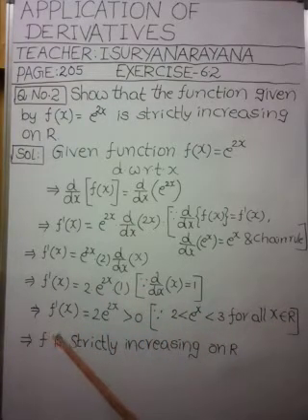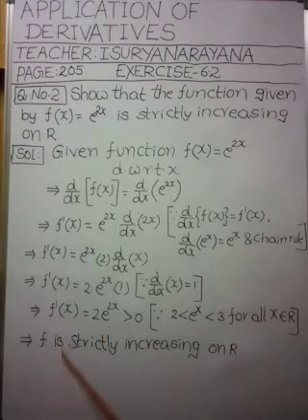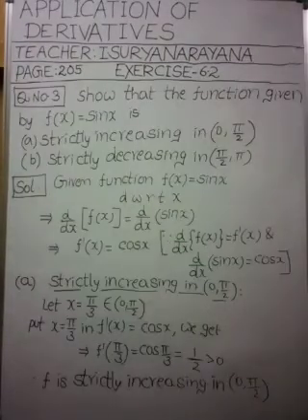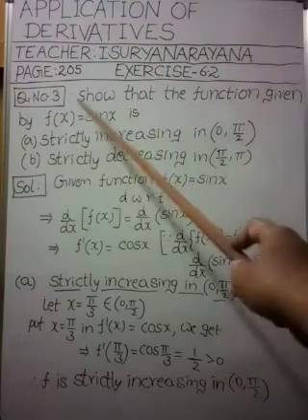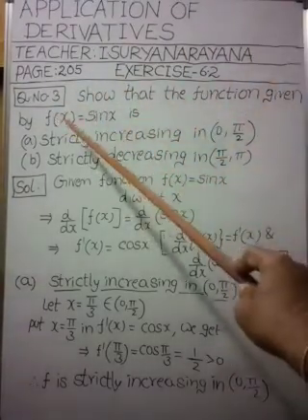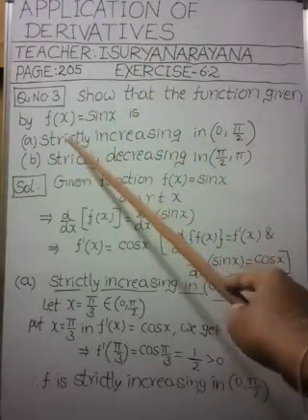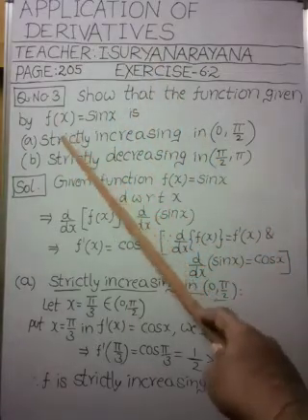This implies, what can you say about this function f? Therefore, f is strictly increasing on R. Understood, my children? Right. Now come to question number 3. Show that the function given by f of x is equal to sin x is. There are two parts. See the 2 parts, my children.